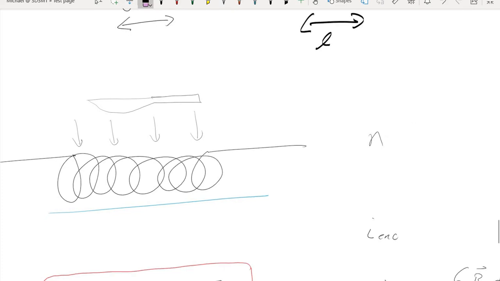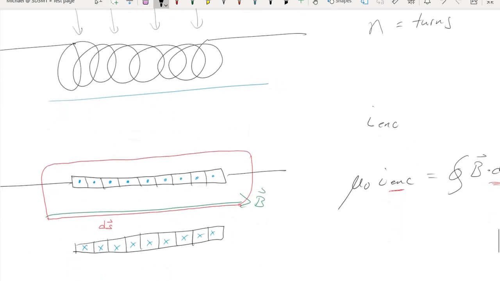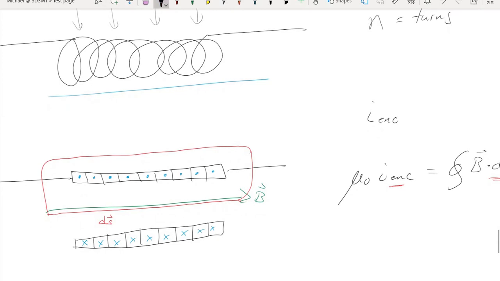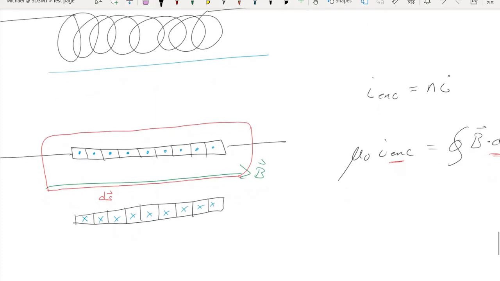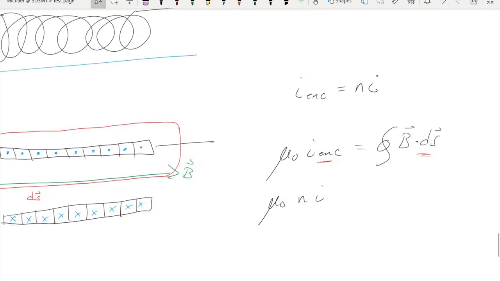We'll just say that the number of turns is n. And so that means my enclosed current is just n times the current that's traveling through the wire. So there's my enclosed current. It's Ni.